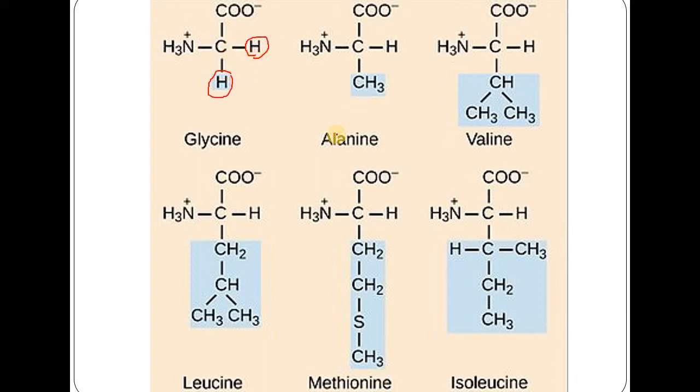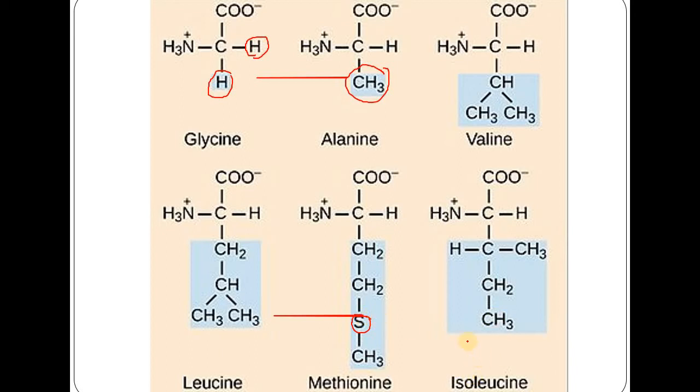And then we have the alanine amino acid. Here in place of hydrogen we have an alkyl group. In valine, we have two methyl groups attached to this alkyl group. And then we have leucine, which is a linear branched one, and then methionine, where we have a sulfur group present, and then isoleucine.